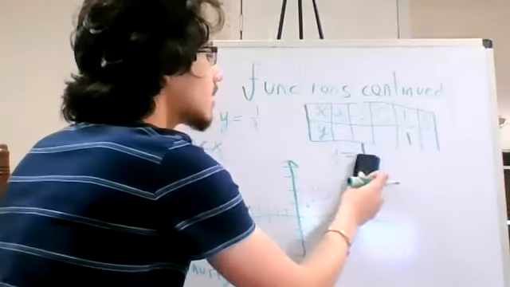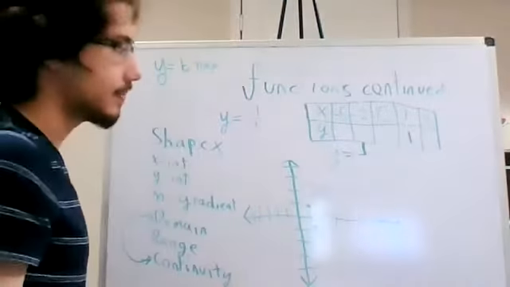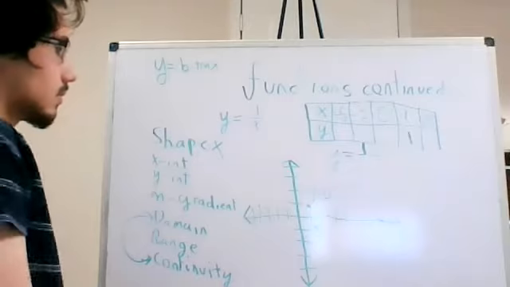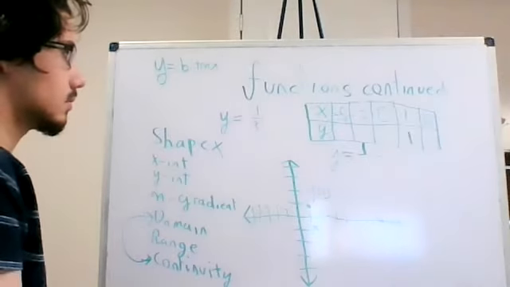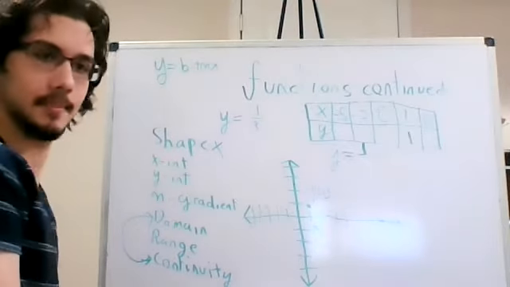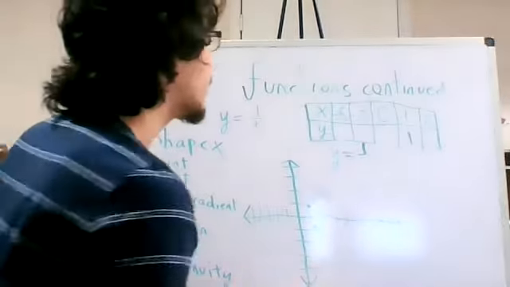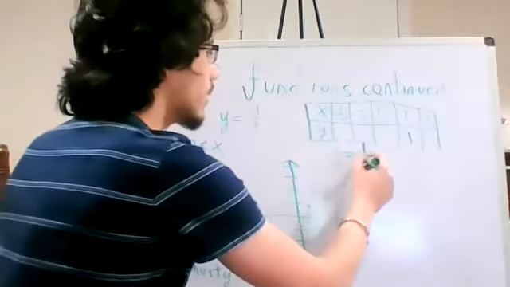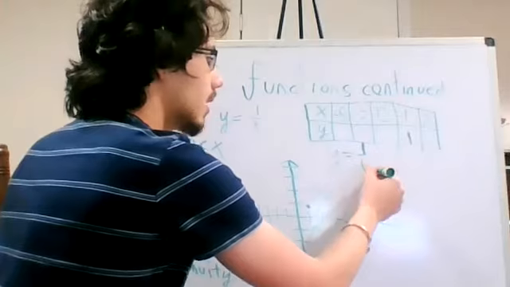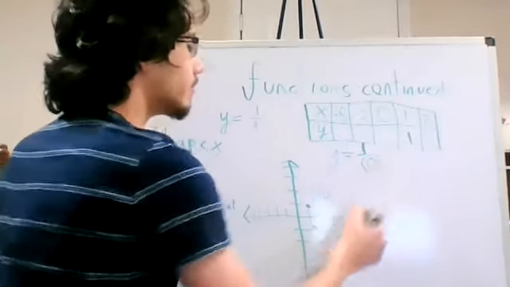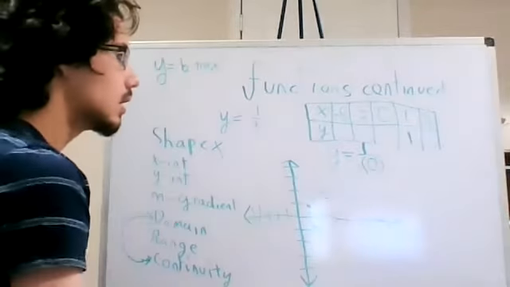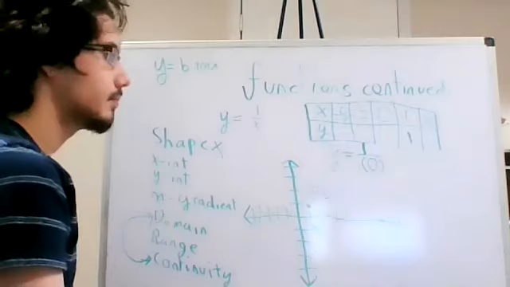Make up a little space. What would you like to try next? Zero. Okay, let's try 0. So y equals 1 over, and substituting, we put 0. So what would this be?